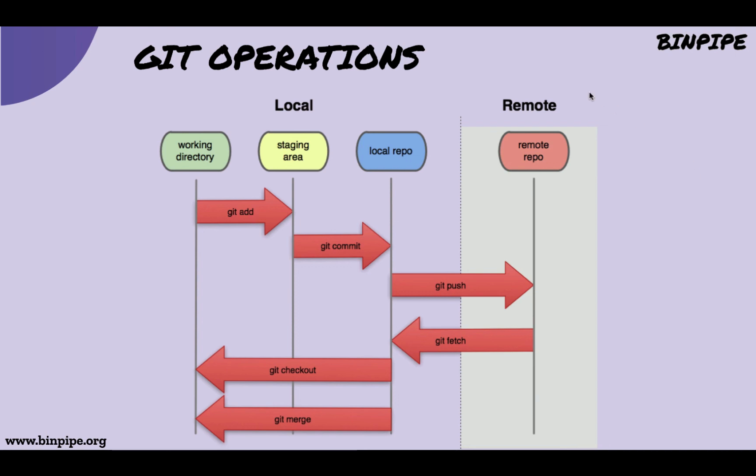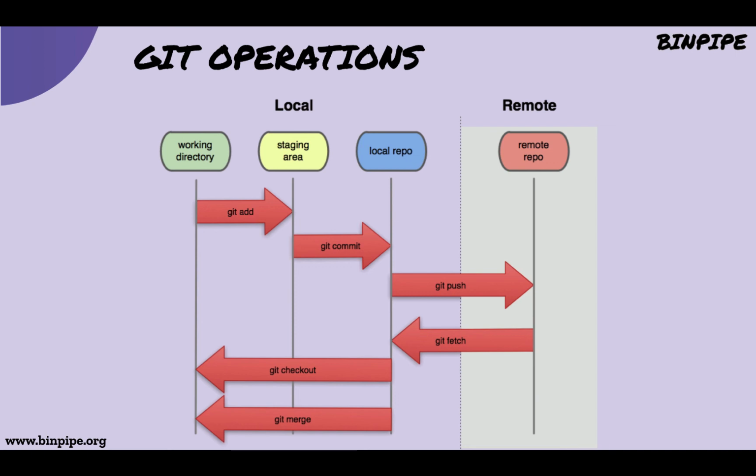Before we wrap up, let's just go through the git operations once again. So we have a working directory. It's the folder where our code is stored on the local machine, and once we have our code ready to be committed to the remote repository, we first do a git add command, and that allows you to add any new additions to the local repository.